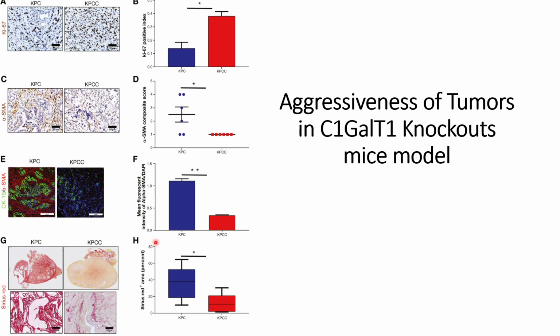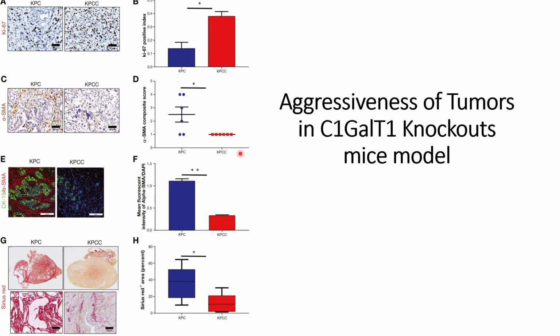To clear the confusion, panel C is about the smooth muscle actins. They can see that smooth muscle actins are low in the case of KPCC compared to KPC, and when they check the smooth muscle actin using fluorescence, they find similar results. Thereafter they validated those results using collagen measurement with Sirius red, and they can see that the collagen formation is low in the case of KPCC.